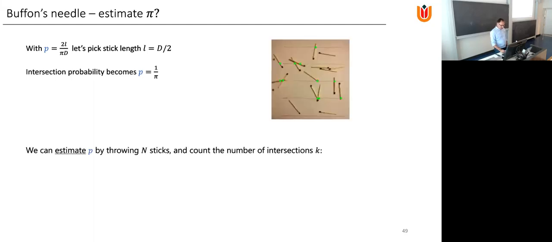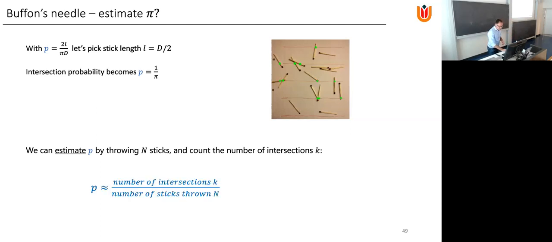So we could do an experiment where we throw matches on a drawn piece of paper and count how many of the matches intersect with a line. If we do that a great number of times, we can calculate the intersection probability, simply the ratio of the number of sticks that intersect over the number of sticks thrown. And if we take the reciprocal, we have an estimate of π.